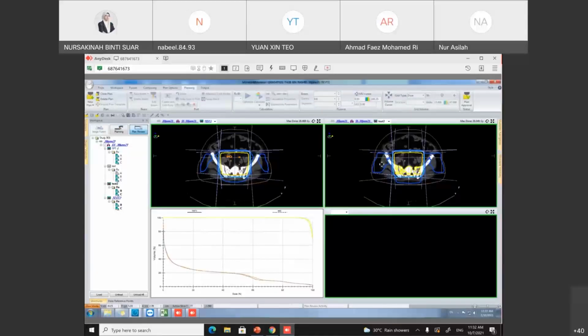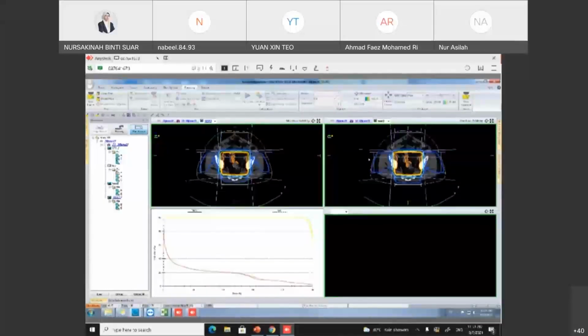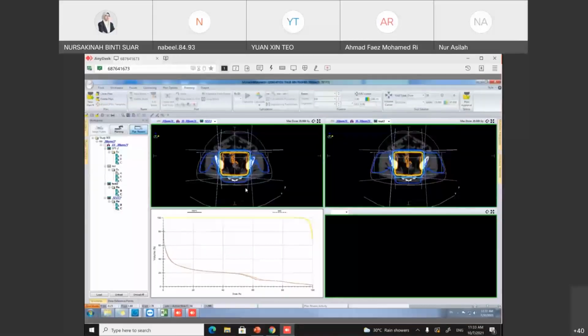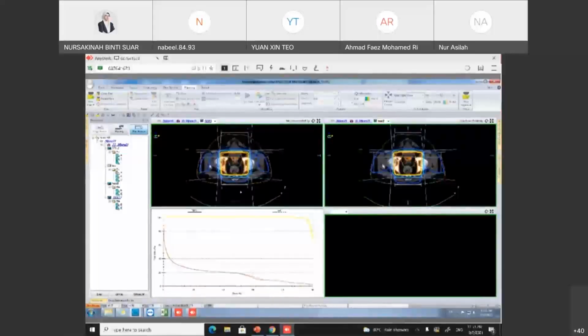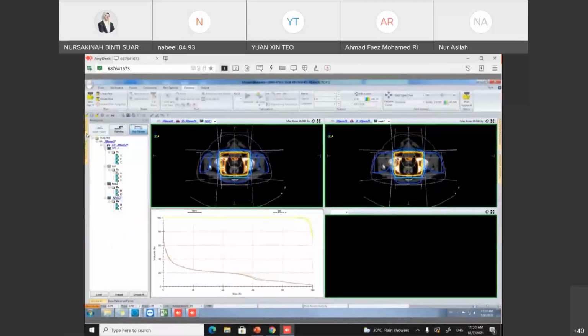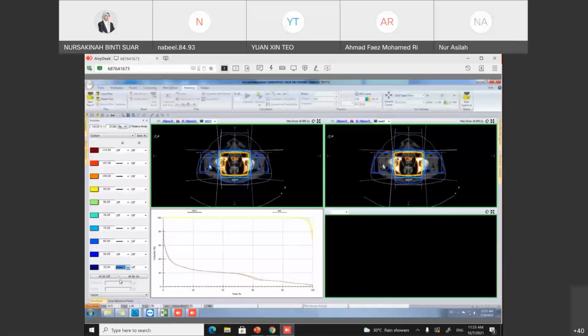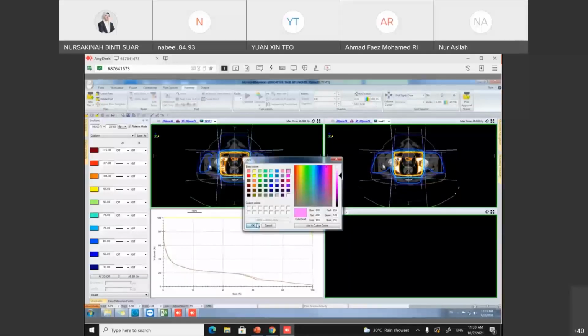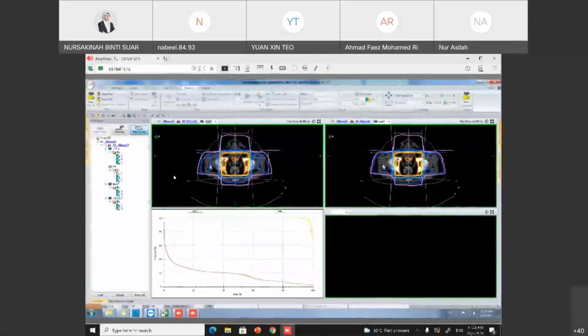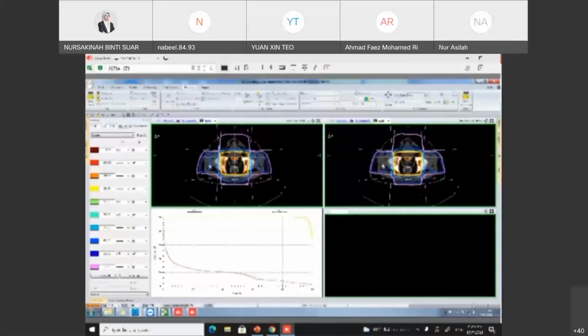For this patient, the only difference you can see is in the lateral beam dose. For this beam, the 95% and 100% coverage is not much different, but the lower dose region will be a lot different. Let's see, 30%. Yeah, cannot see. Okay, so 30% cannot be seen.